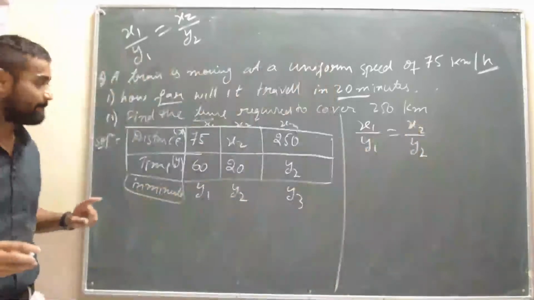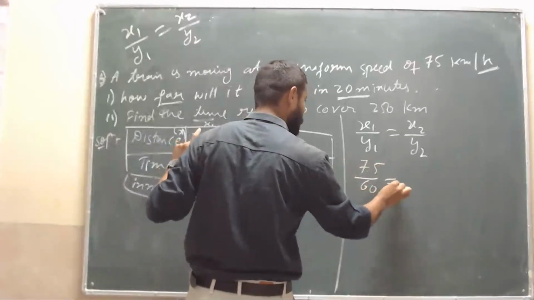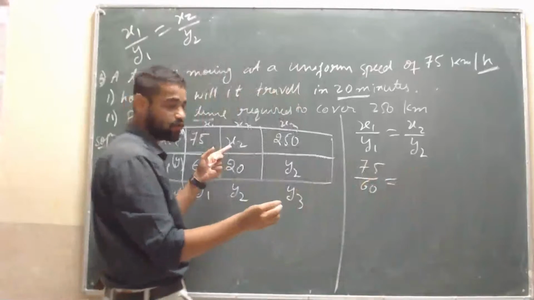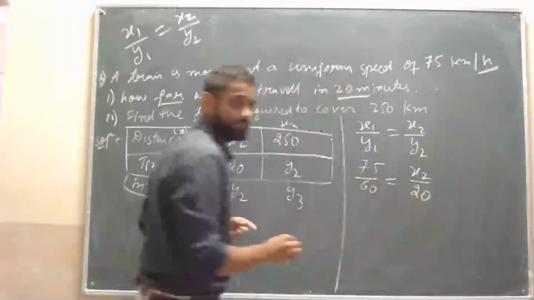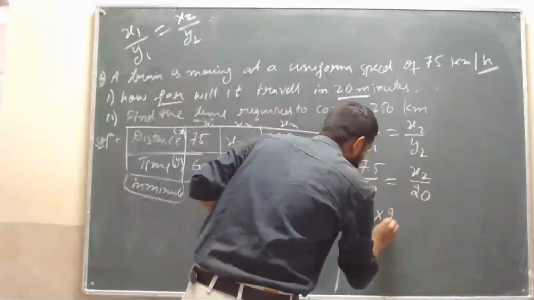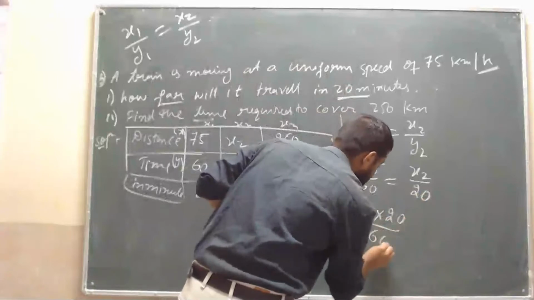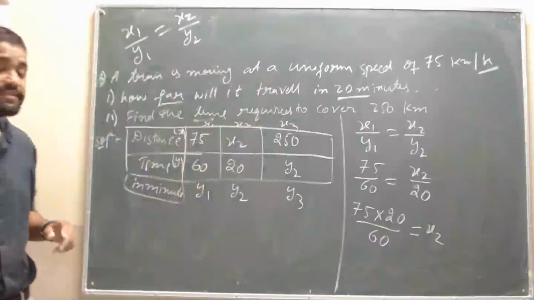So 75 by 60 is equal to x2, which we don't know, by y2, which is 20. Now cross multiply. 75 into 20 divided by 60 is equal to x2, students. Now tell me the answer.